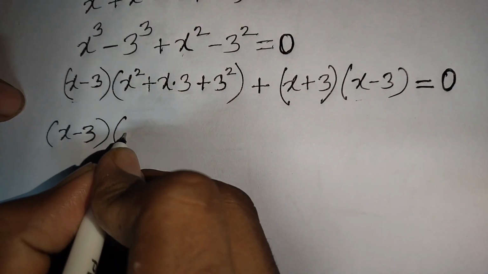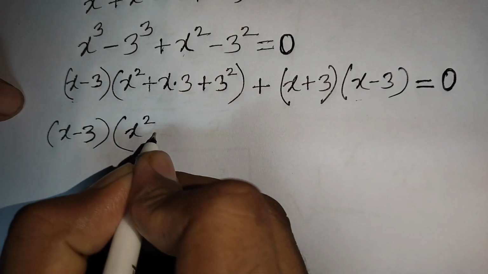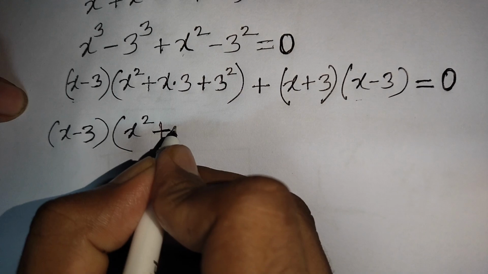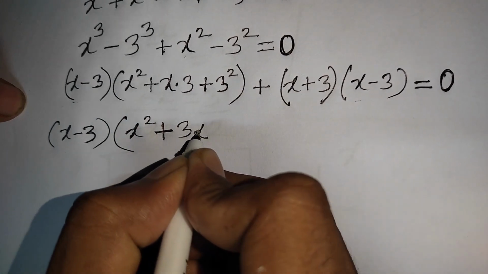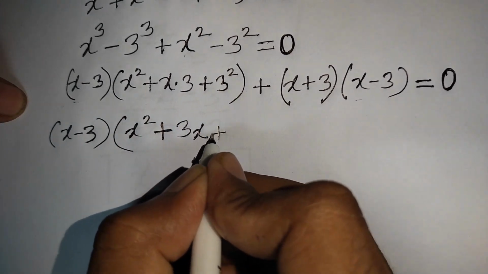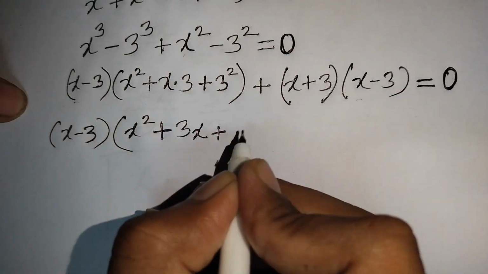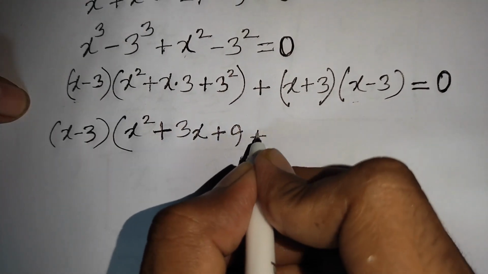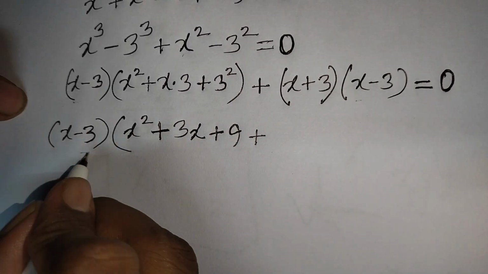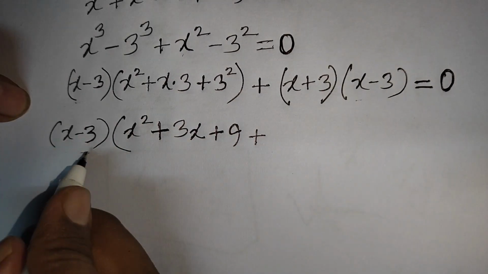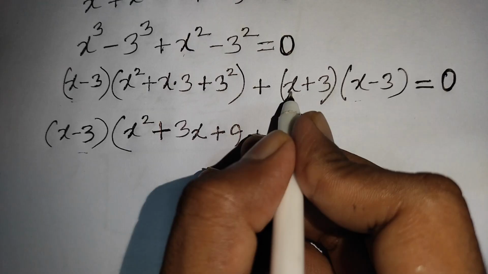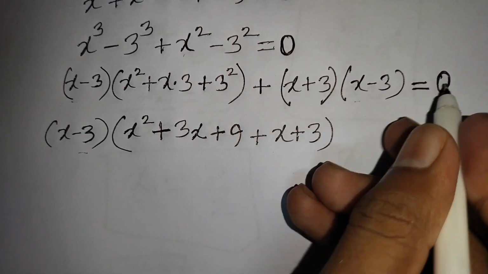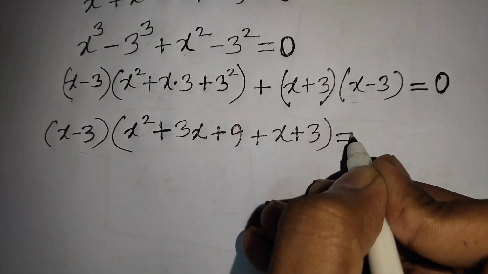So we have x square plus x times 3, that means it will be 3x, plus 3 square, which is the same as 9. Then plus this divided by this, that means x minus 3 will be cancelled. So here x plus 3, then is equal to 0.